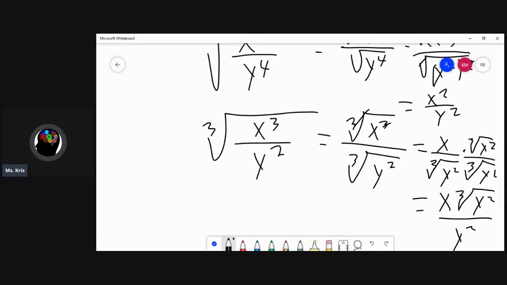Because when you multiply a root to a root, it's the answer on the inside. Any questions on rationalizing and simplifying quotients with numbers and letters?